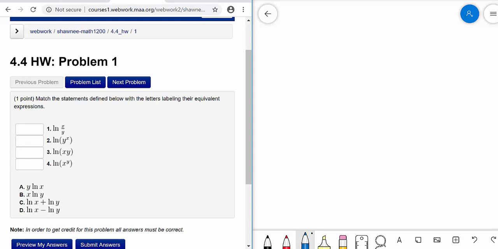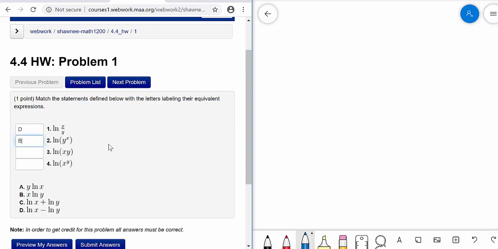So this would equal the natural log of x minus the natural log of y. So for number one, the answer would be D. For number two, the natural log of y to the power x, the x is the exponent on the base y. So we can take that number x out front and make it a multiple. So it's going to be x times the natural log of y, which is answer B.